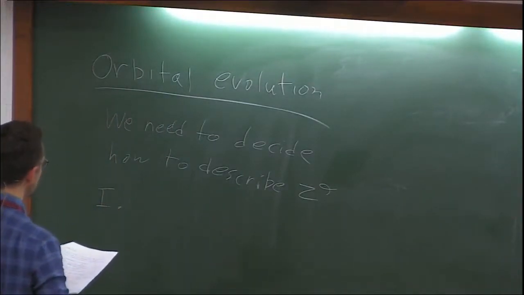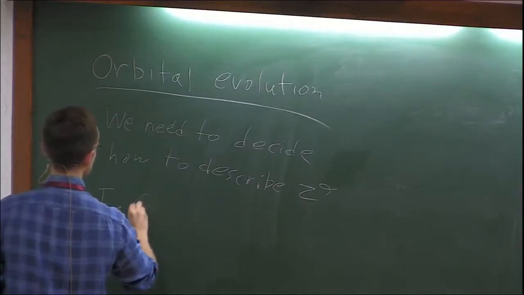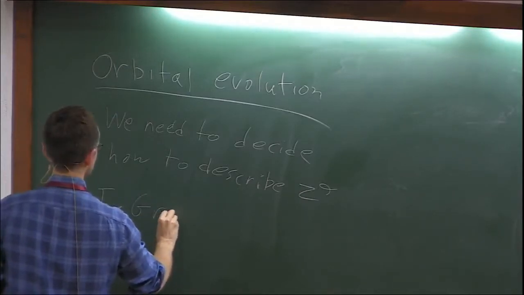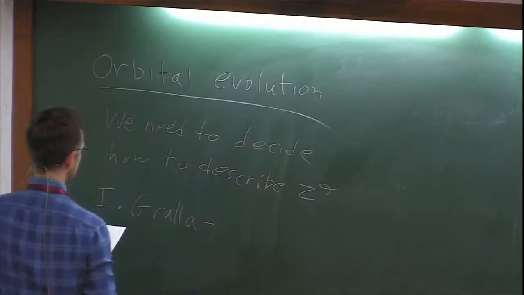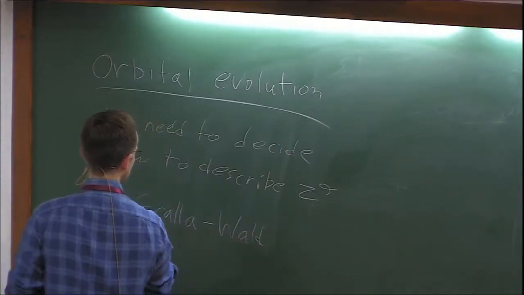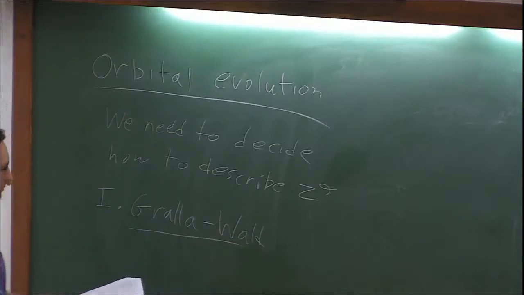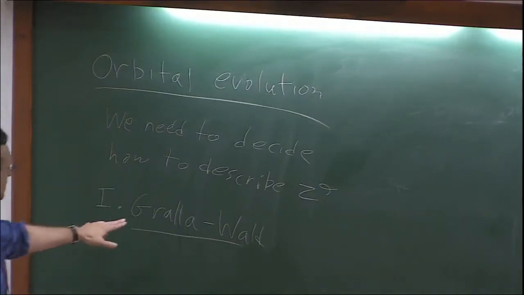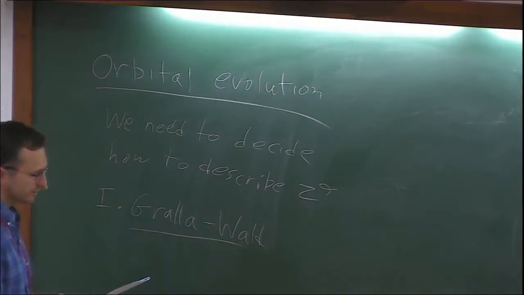Okay, so the first method, which is conceptually maybe simplest, is probably the method that most people would think of first, but really only these two people have actually used it consistently to derive results. So that's Sam Gralla and Bob Wald.